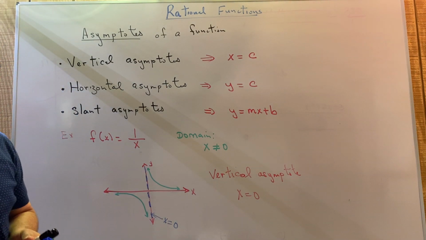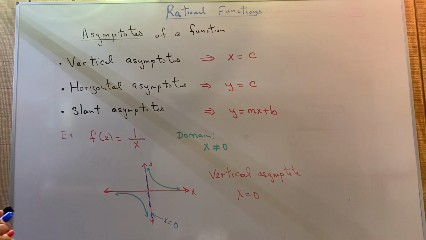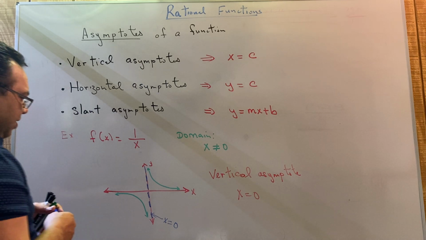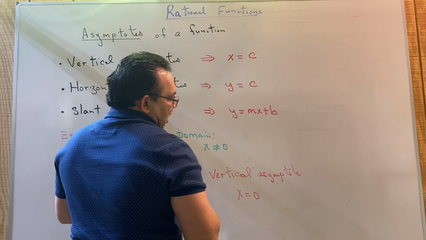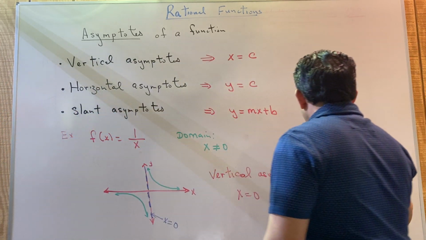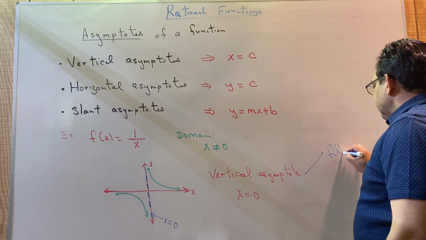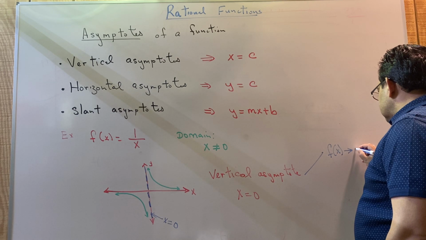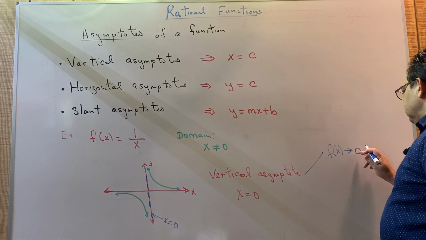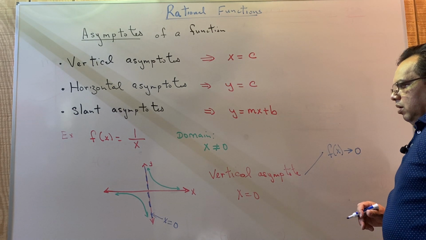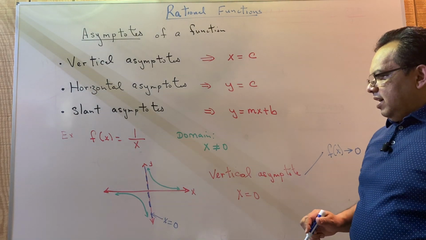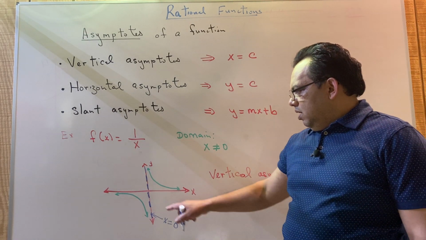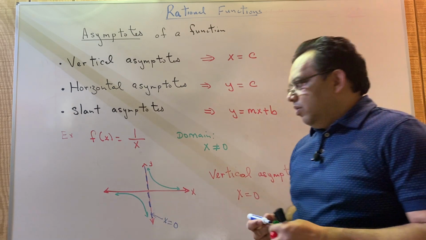Now you will notice that something unique is happening. What happens to f of x as it approaches the line 0? What happens to the y value as x approaches 0?